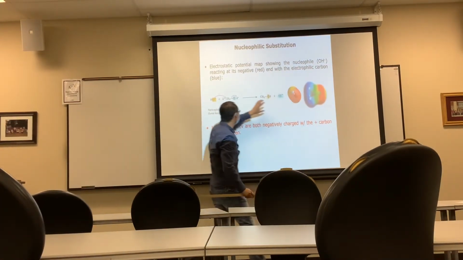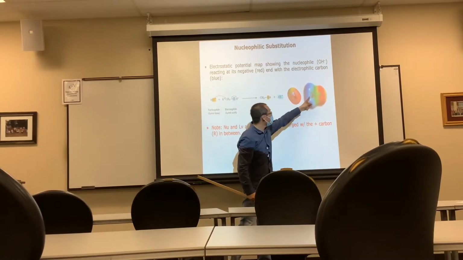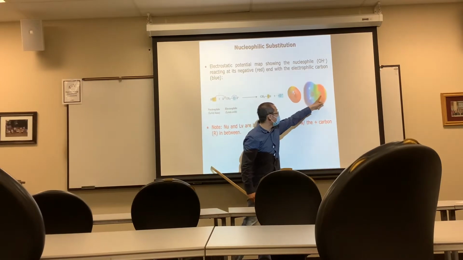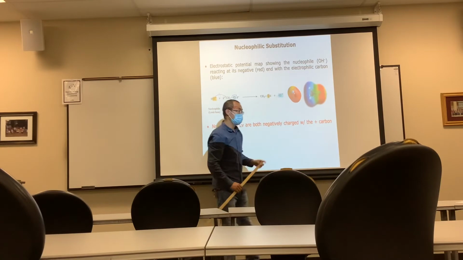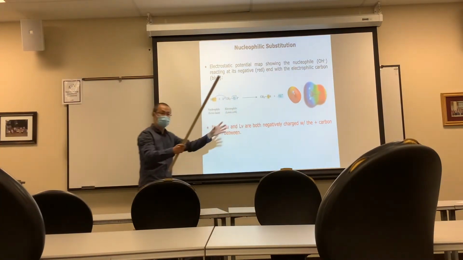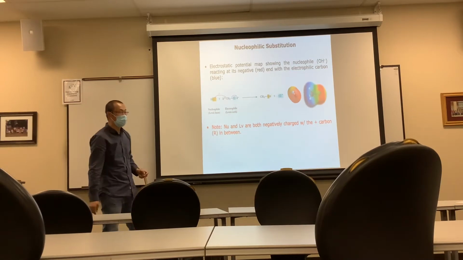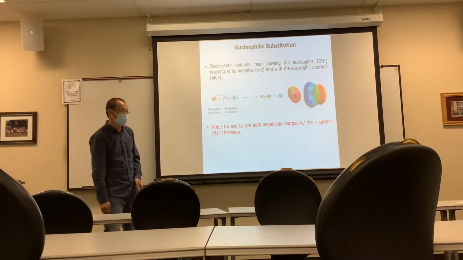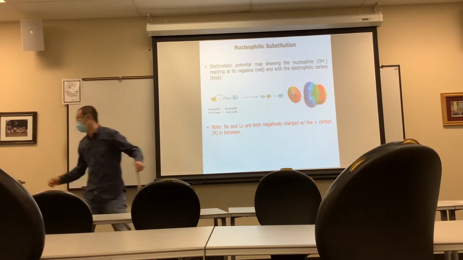So basically the negatively charged nucleophile reacts with the positively charged electrophile, then kicks away a negatively charged leaving group. Okay, this one shows you what really happens. The nucleophile and leaving group are negatively charged with the positively charged electrophilic carbon in between. Does it make sense, guys? Okay, this is a very simple nucleophilic substitution.